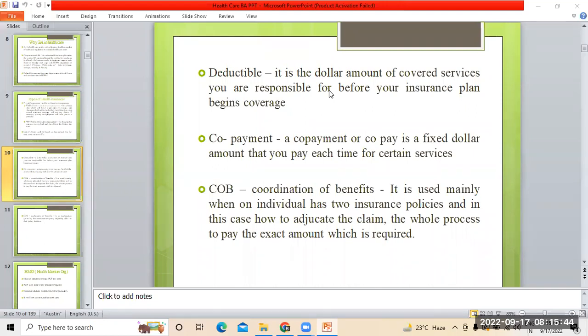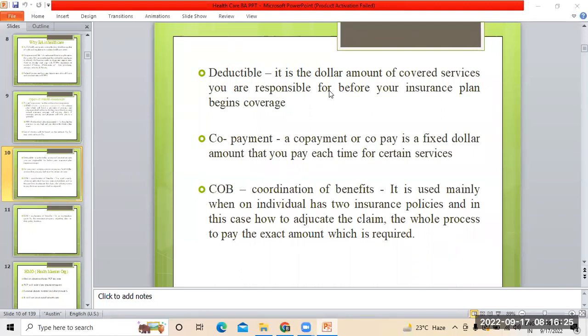Whenever they have taken two insurance policies, when it comes to the adjudication of the claims, the whole process of payment of the exact amount which is required, it provides us the guidelines relating to that, because sometimes people have private insurances apart from the regular insurance that they were handling.